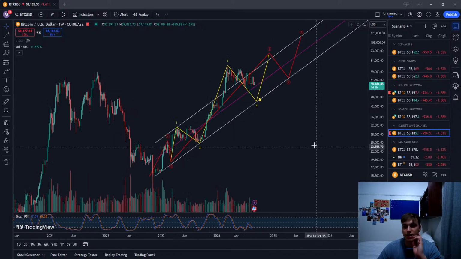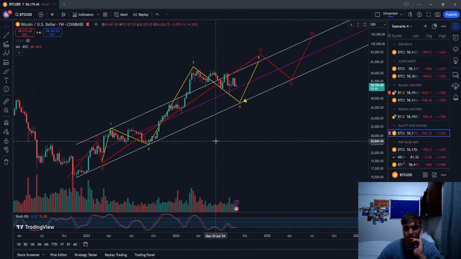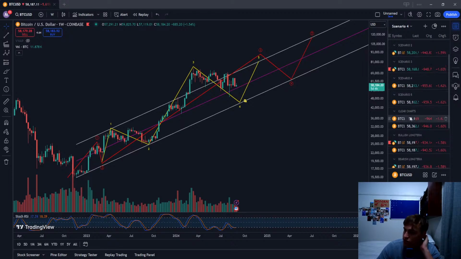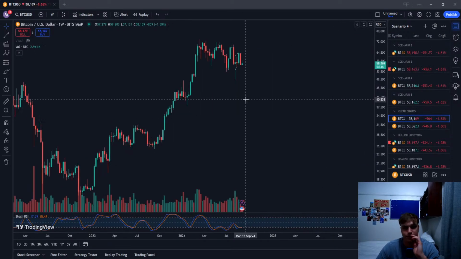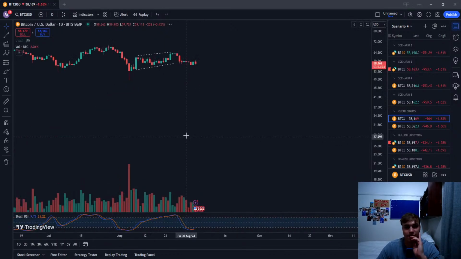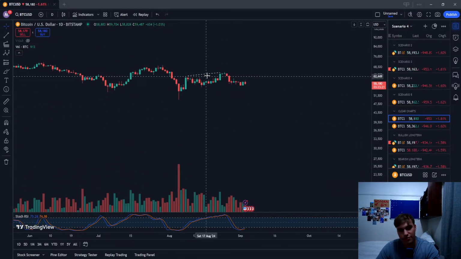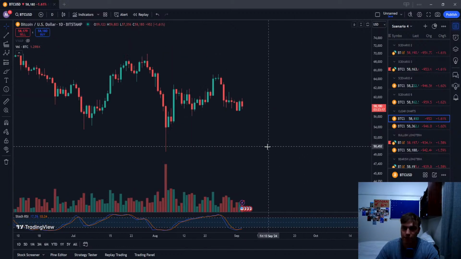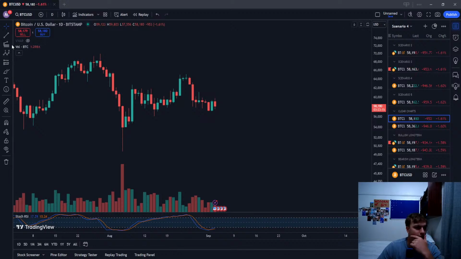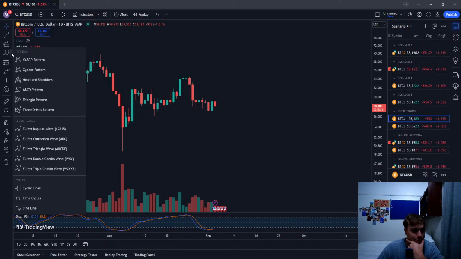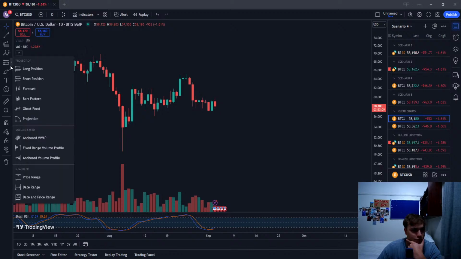There's another guy who I've seen on Instagram quite a bit. He does, let me go to a clear chart, he does these pitchforks, and these pitchforks, to me, I don't find them very useful, but that's how he trades. They're built into TradingView.